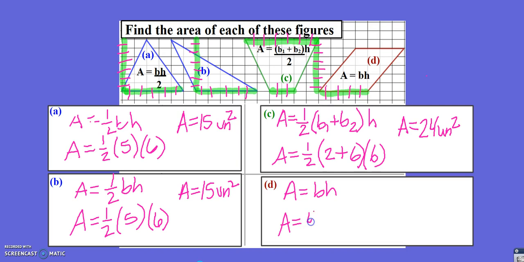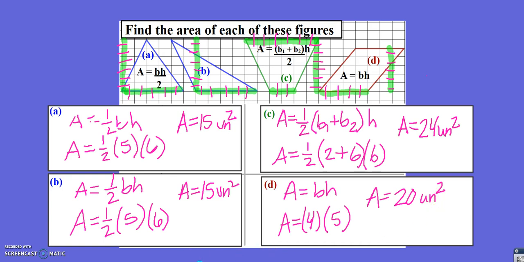We have a base of 4. And again, just like on the other shapes, we want our vertical height. 1, 2, 3, 4, 5. This one has a height of 5 units. We plug that into our calculator and we get area equals 20 units squared.